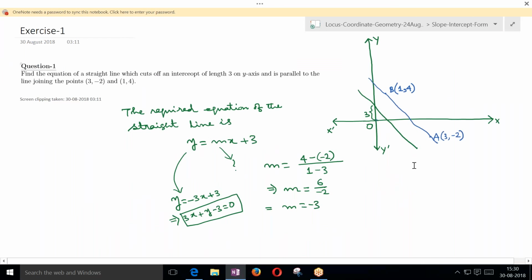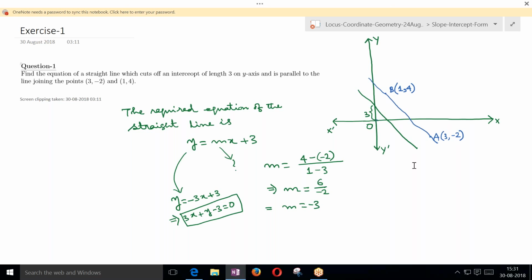So here the exercise is, find the equation of a straight line which cuts off an intercept of length 3 on y-axis and is parallel to the line joining the points (3, -2) and (1, 4).